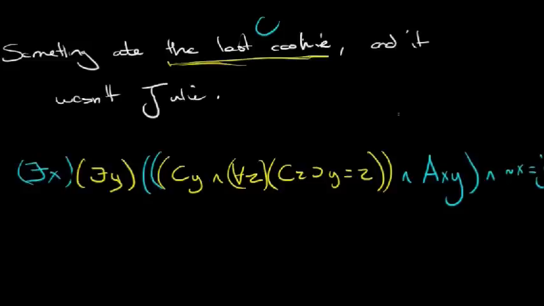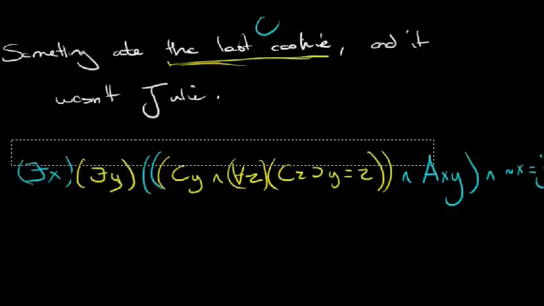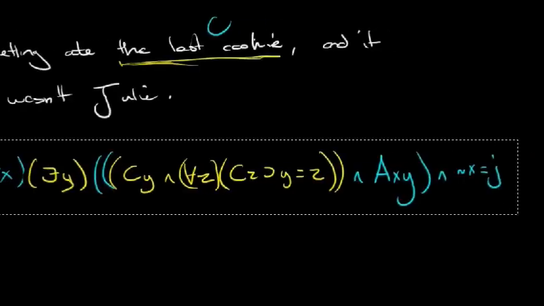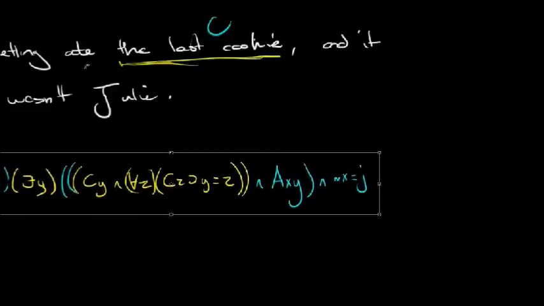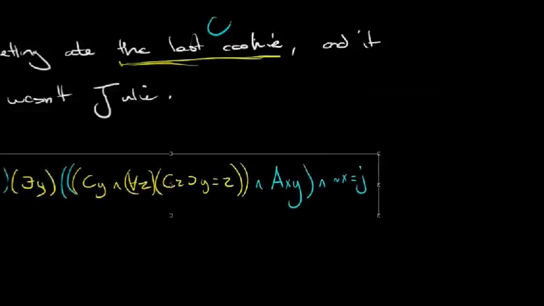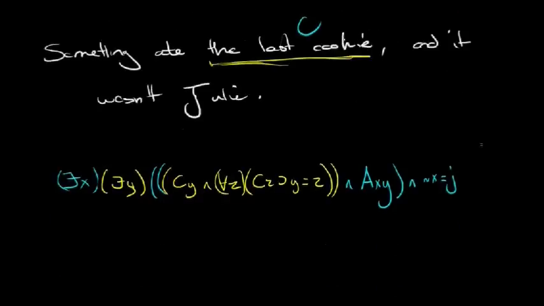Okay, so I'm going to need to shrink this down so we can see it all. Let's make that a bit smaller. Okay, so we've got there exists an x such that there exists a y such that y is the last cookie, and every z is such that if it's the last cookie, then y equals z.